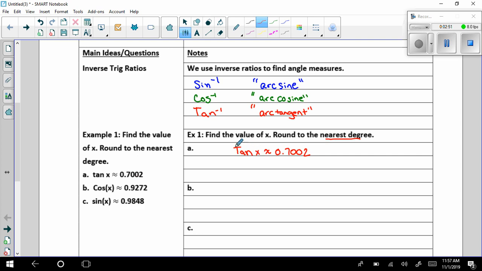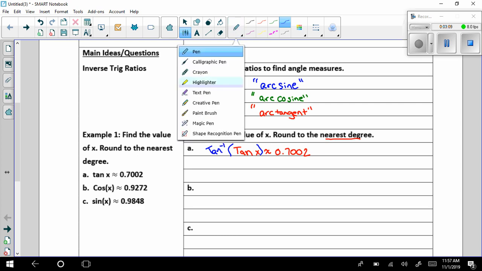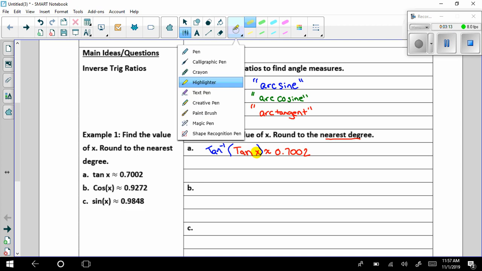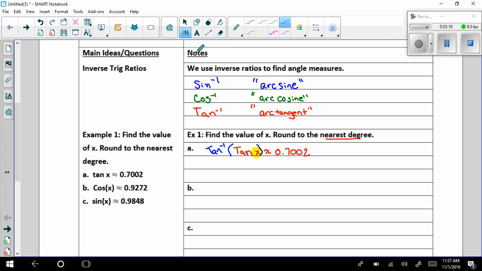So remember I said the tangent and the x are hooked together. That is one thing. So what we need to do, though, is then cancel out our tangent. Well, the inverse operation to tangent is tangent -1. All right, this x does not come off of this tangent until you take the inverse tangent.